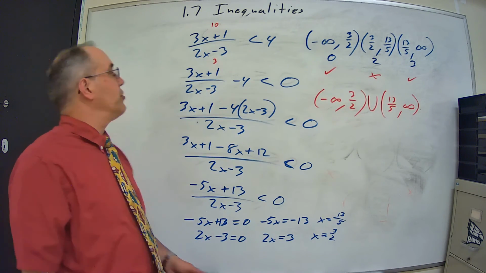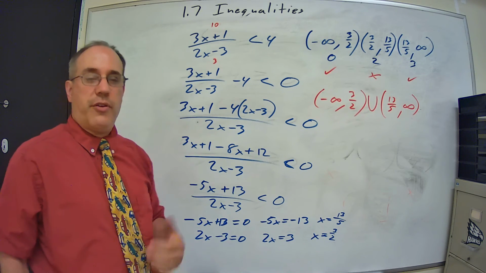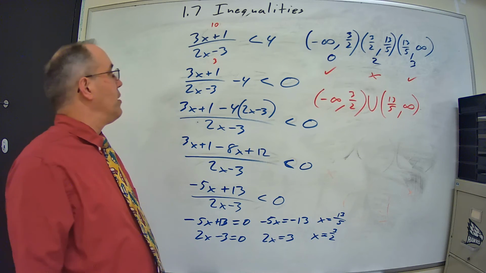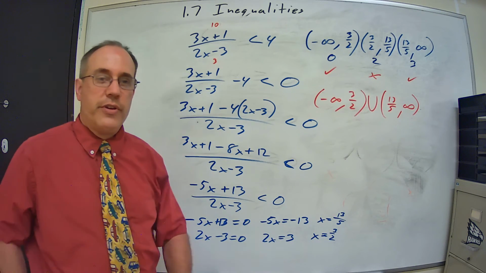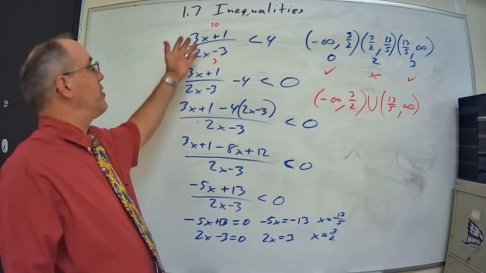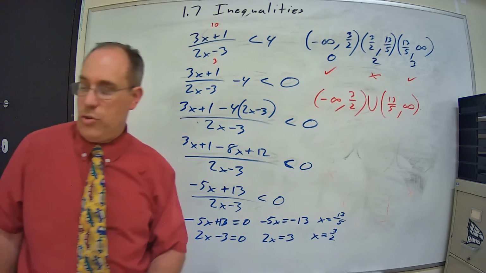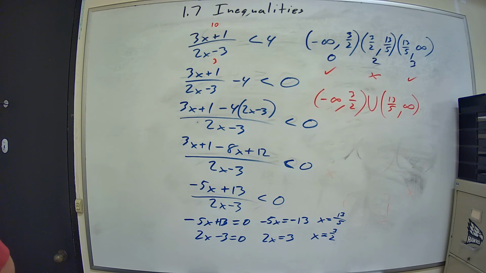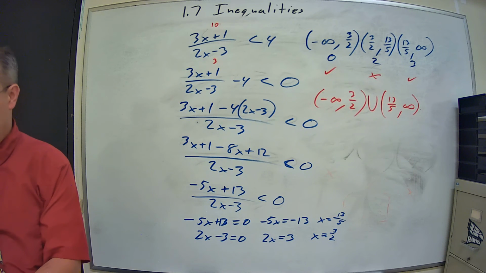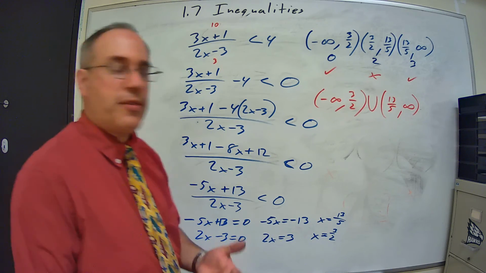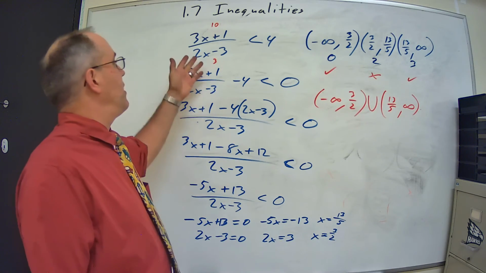And that is our solution for this rational inequality. Now, if we took it a little further and did a little more work, we may run into things where we have to do some factoring to give us some additional ones. I don't see that I have one on my paper here, so I'm not going to go into that. But it's the same idea.